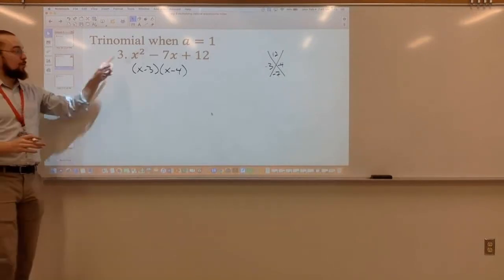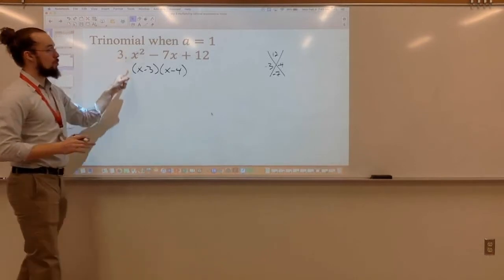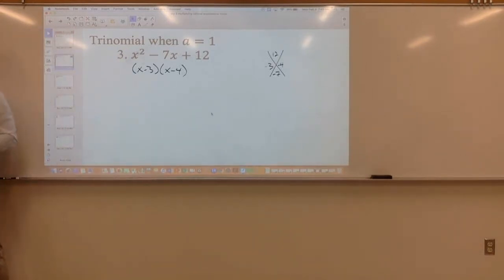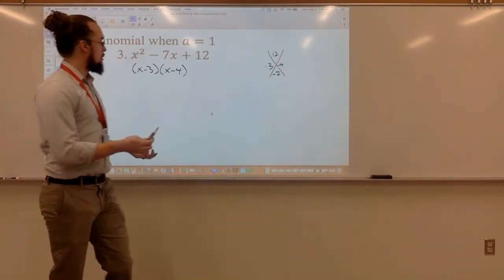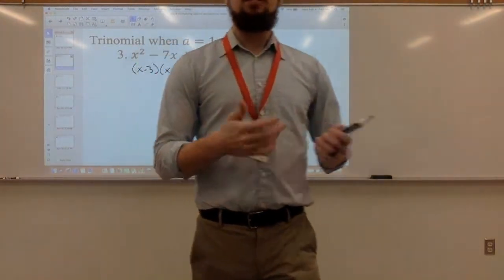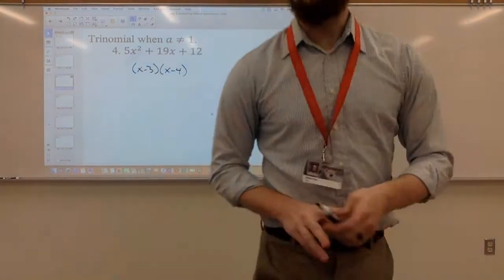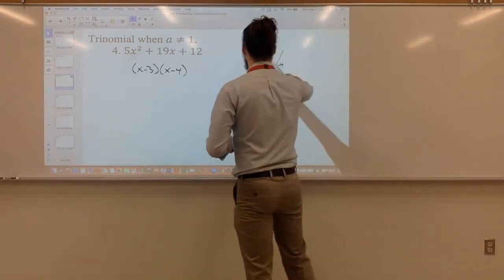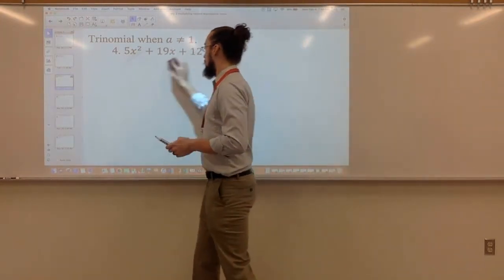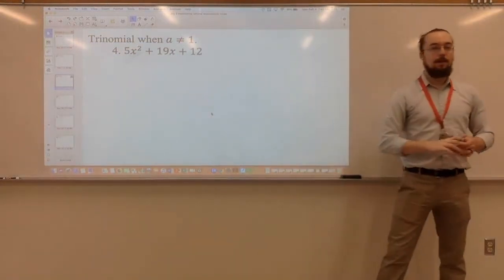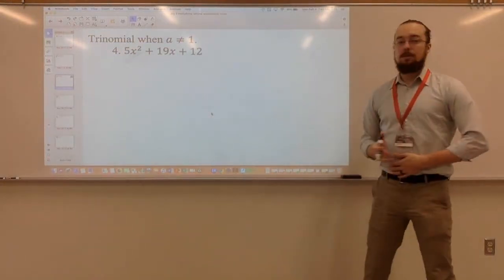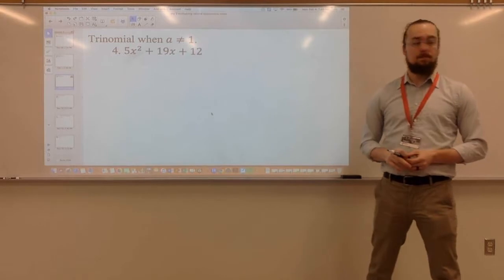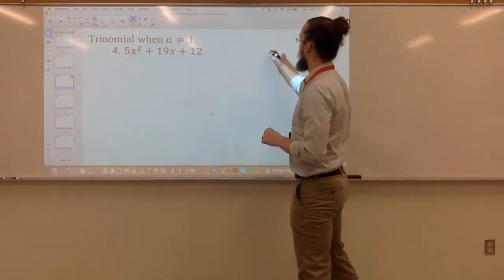So when the leading coefficient is 1, we can go straight to factors. Those are the nice, easier ones. The final type that we may see is a trinomial when the leading coefficient is not 1. What do I do here? We still want to set up our x factor.